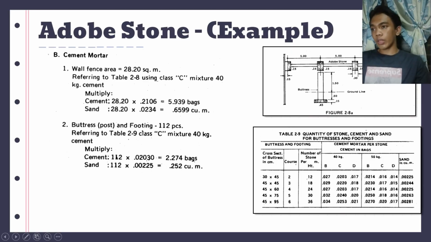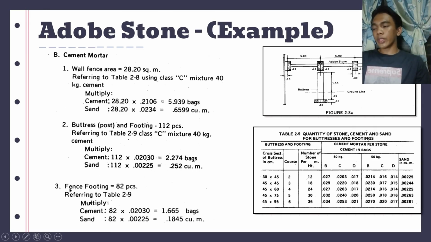So we have to multiply 112 by 0.0203, the constant multiple. This will be equal to 2.274 bags of cement. Then multiply 112 by 0.0225, equal to 0.252 cubic meters of sand.